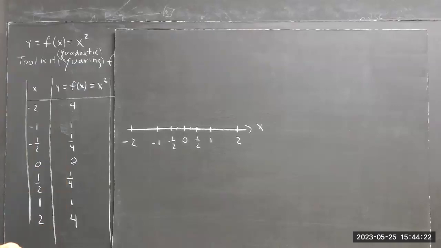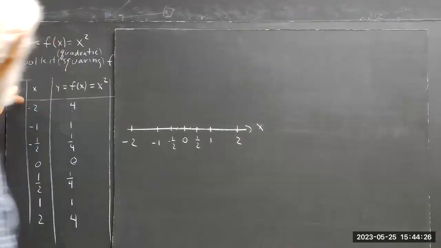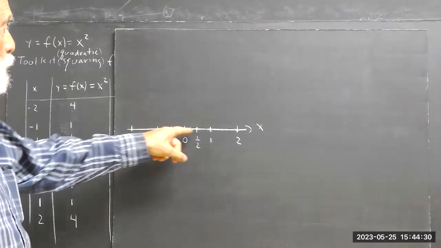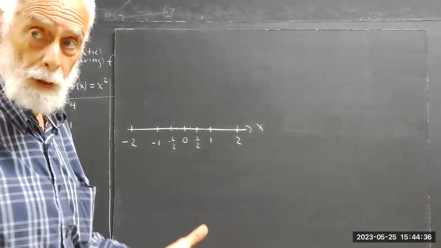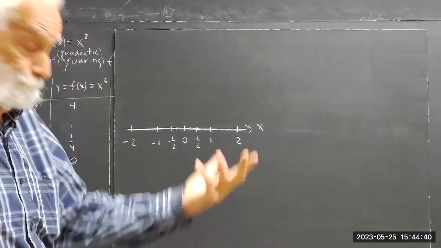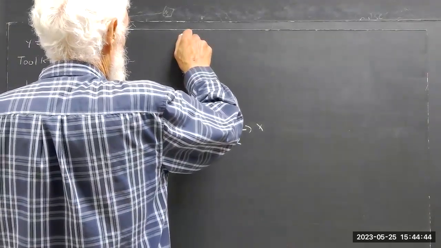Okay. So right there's our x-axis. And it has all the numbers that we're going to need. So we don't need 1/4 because 1/4 is not one of our standard values. We could have chosen to make 1/4 one of the standard values, but it's unnecessary. We get the shape of the curve just fine.